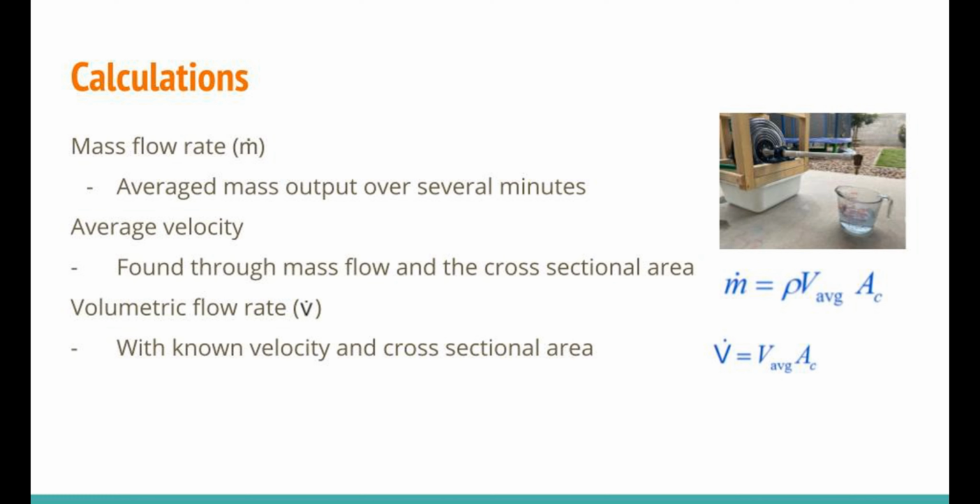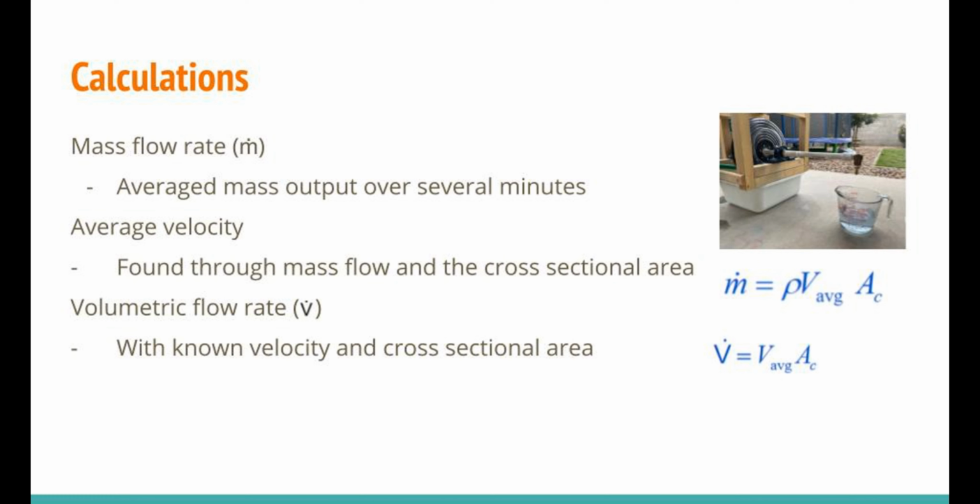For the next step, we took the data that we've collected. We started off by collecting the water discharged from the pump itself, and we averaged that over the course of several minutes. By using the density of water, we determined that the mass flow rate was 0.0208 pounds mass per second.